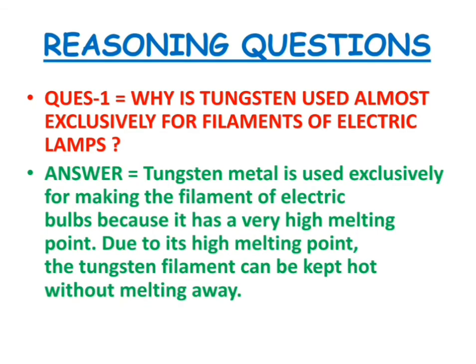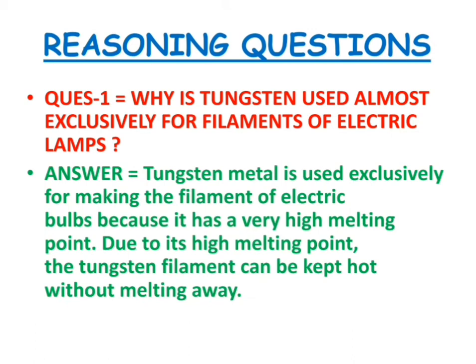Moving ahead to some reasoning questions. From this topic, only two reasoning questions can be formed. The first is, why is tungsten used almost exclusively for filaments of electric lamps? Why aren't other metals used, like copper, silver, gold?